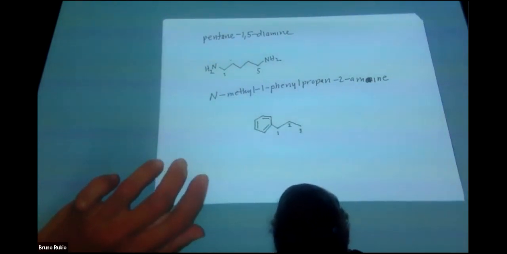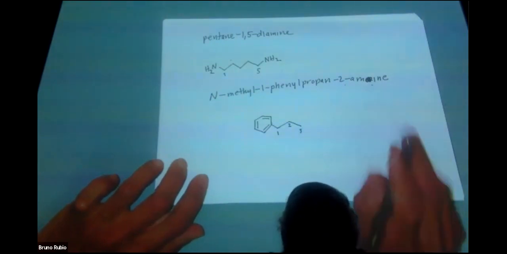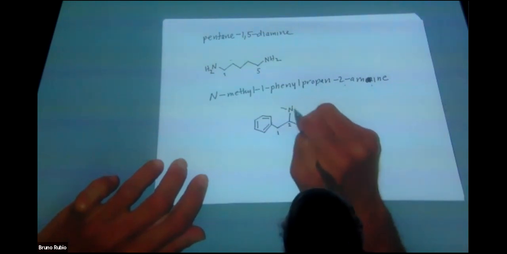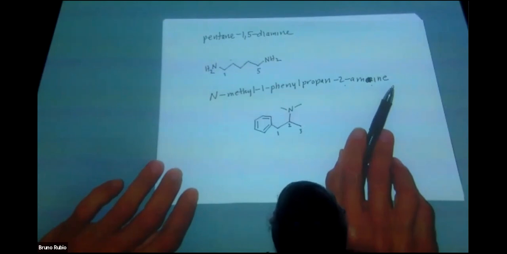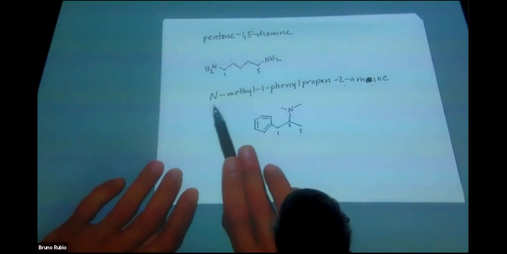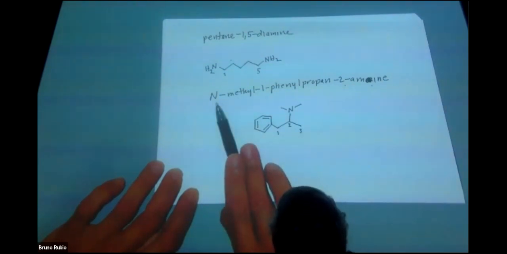Okay, at carbon 2, I have the amine functionality. So at carbon 2, I'm going to tack on the amine functionality. And remember, nitrogen forms 3 bonds when it's neutral. Okay, and now the wrinkle here in the name of the amine is that N-methyl. N-methyl is telling you there's a methyl substituent on the amine nitrogen, right?